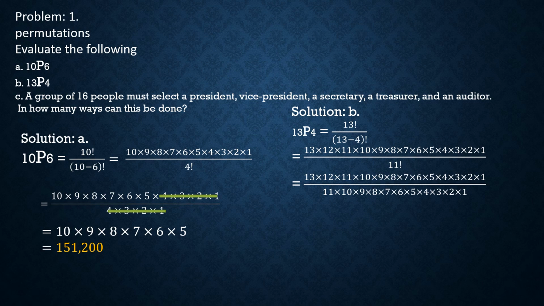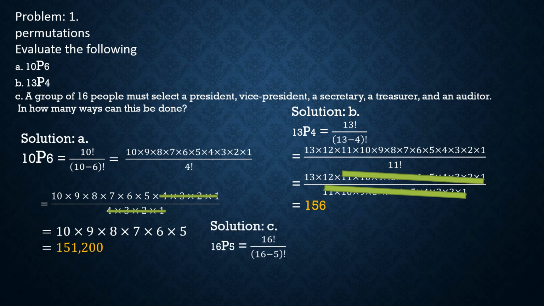Simplifying the denominator, we have 11 times 10 until times 1. Of course, because still that is under multiplication, we can cancel out 11 to 1 from numerator and denominator. So the remaining we have here, of course, 13 times 12. So 13 times 12 is equal to 156. Okay?